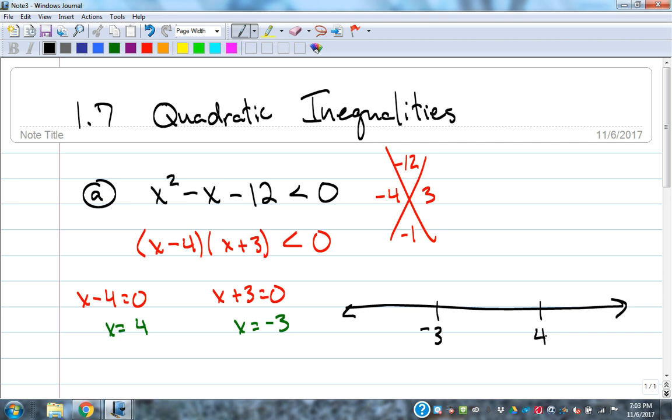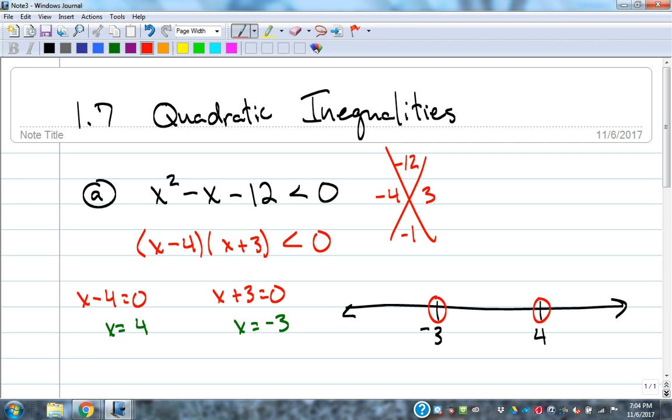On that interval, you're going to put open circles on those. The reason they're open circles is because it's just a regular less than symbol. If it had an equal to mark, you'd fill in the circles, saying that -3 counts as an answer.